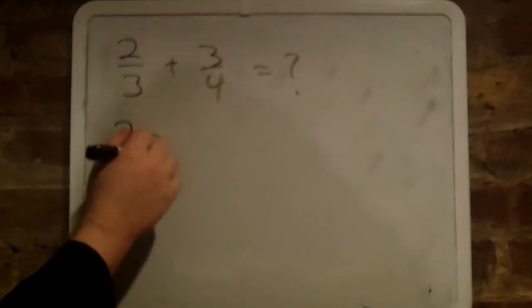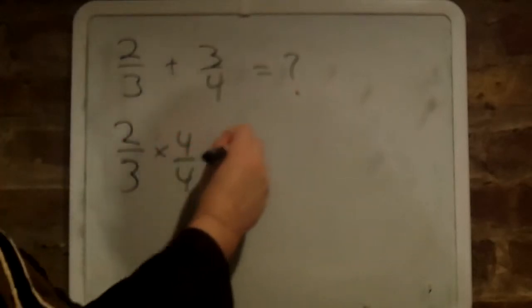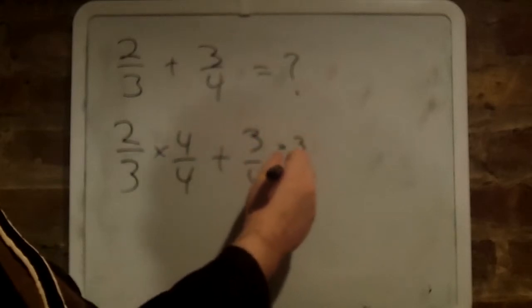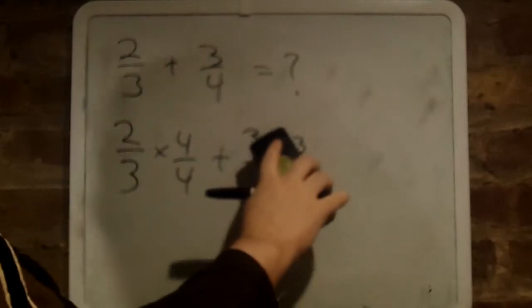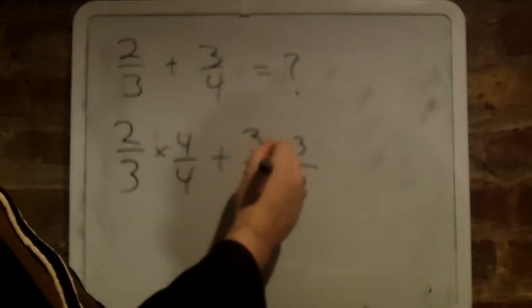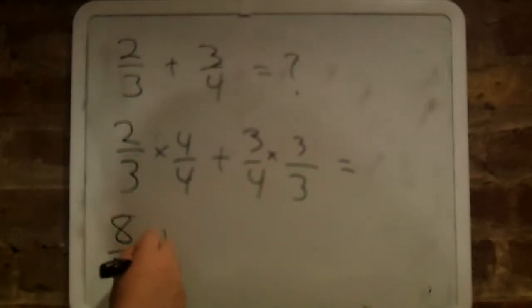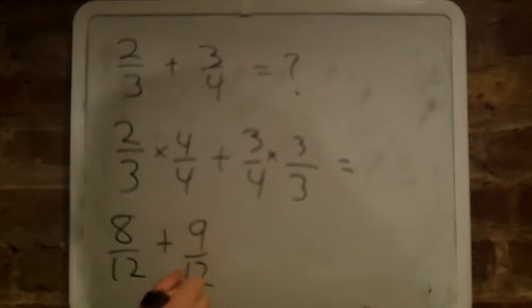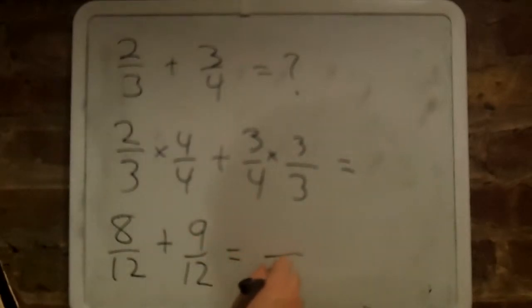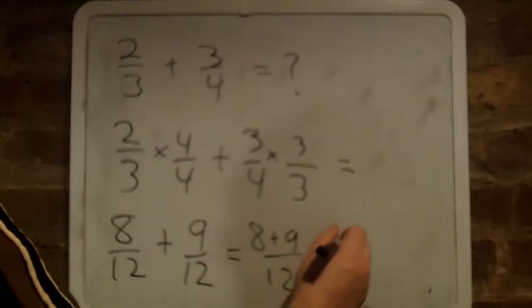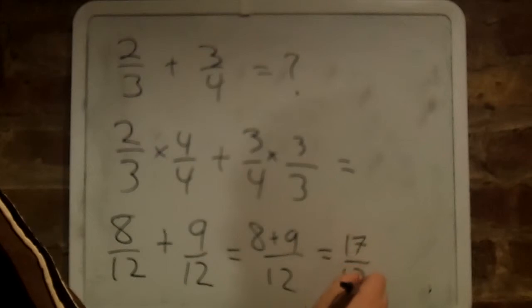So that would be 8 plus 9, 17. So we could write this as 17/12.